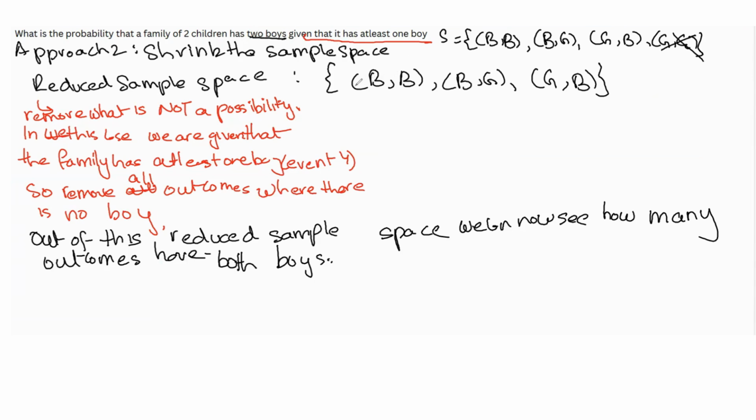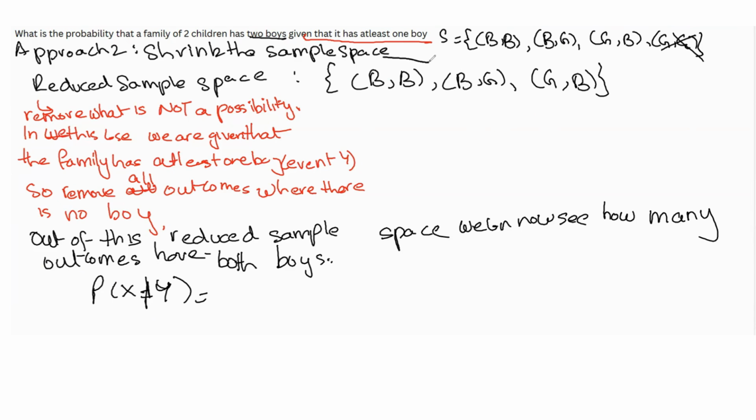So we want the probability of x given y, the probability of two boys given there's at least one boy. In this reduced sample space, we do know there's at least one boy.